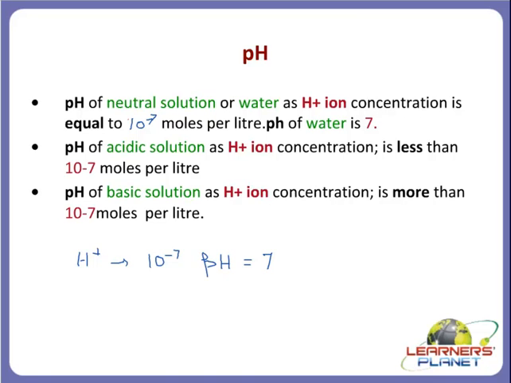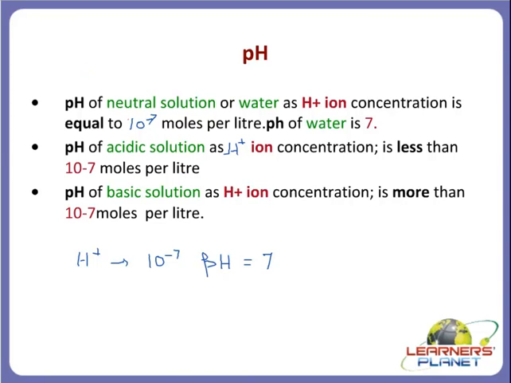The same case, the pH of an acidic solution: the H plus ion concentration is more than 10 to the power minus 7 moles per liter.